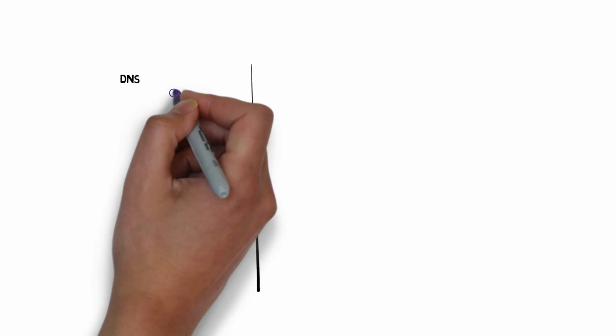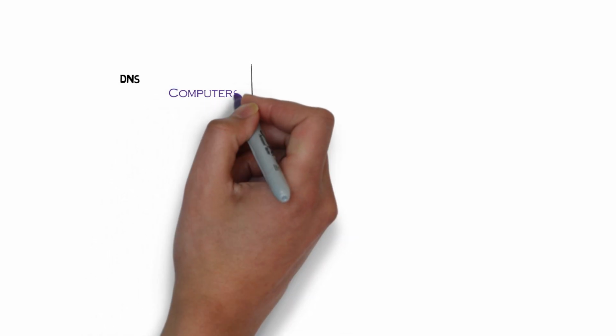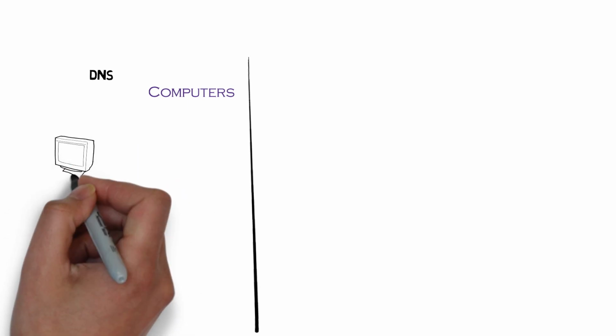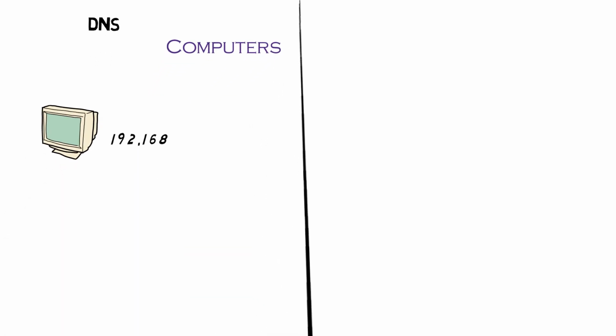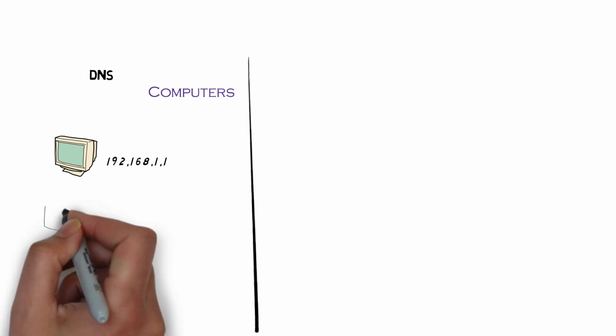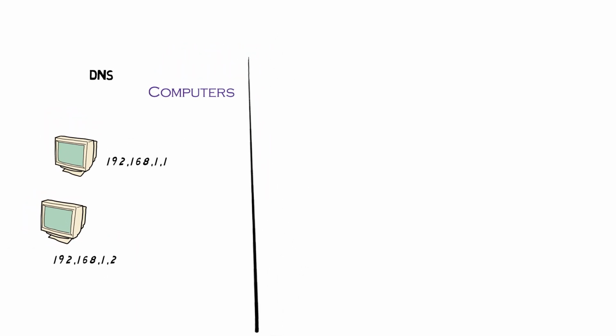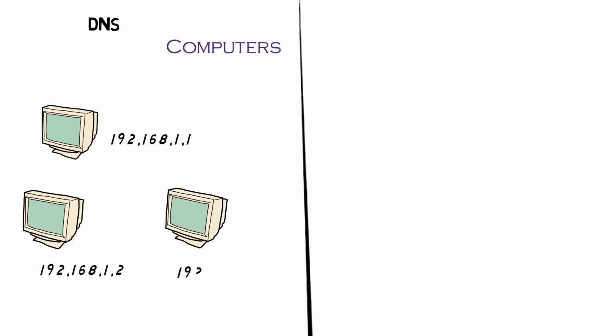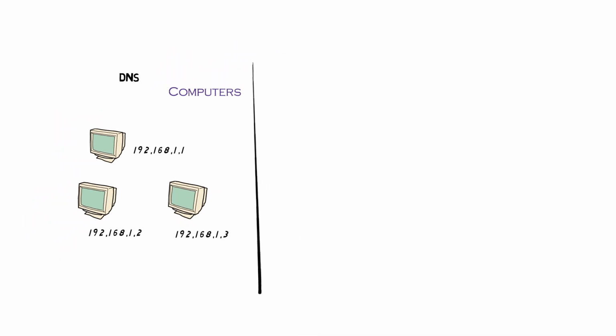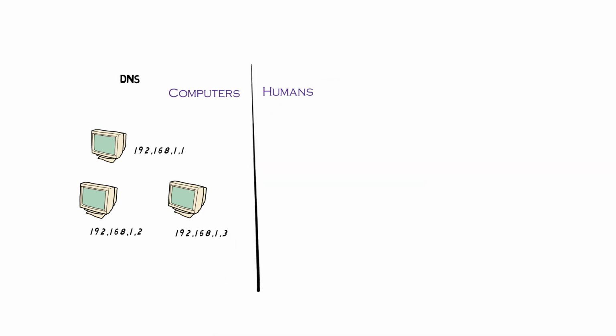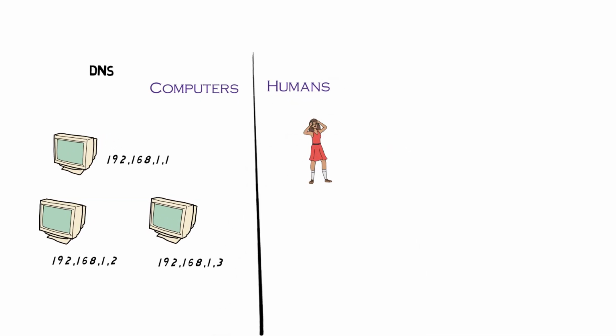So on one side we have computers. Computer 1 with IP address 192.168.1.1, Computer 2 with IP address 192.168.1.2, Computer 3 with IP address 192.168.1.3, and on the other side we have humans.